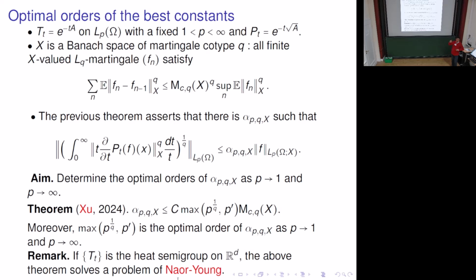Even in the classical case, when I searched for such optimal orders, when I was working on this Riesz basis constant, I realized that even in the scalar case, when X is the complex numbers C, not all the constants have been completely determined in optimal order.